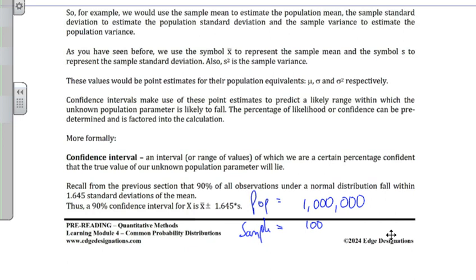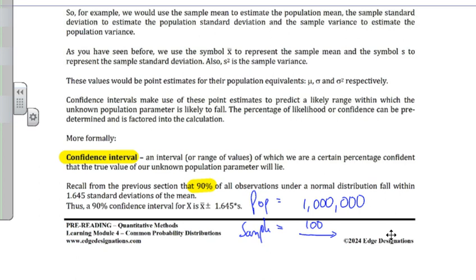But now I'm testing 100 soccer balls, and I'm trying to infer from that about the whole population. Well, I can't do that 100% accurately, can I? We now come to the next concept called a confidence interval. A confidence interval says, well, how confident do you want to be? Because I want to be a certain amount confident, let's say, for example, 90% confident, this is where some of the more difficult quants starts to kick in.